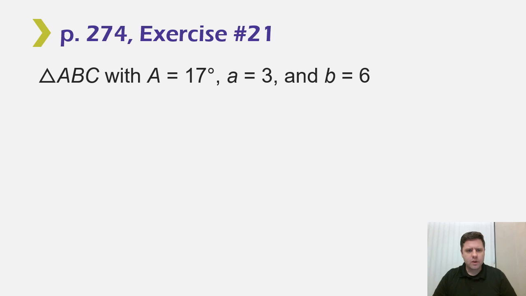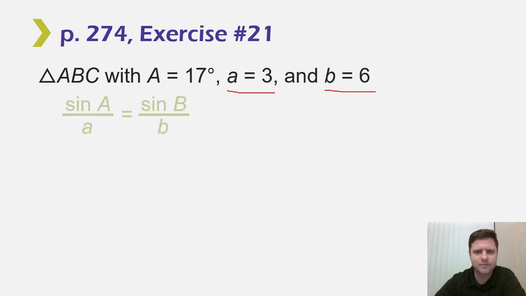Okay, exercise 21 in your book is another good example that we could do quickly. Go to exercise 21 on page 274. There you'll see it says, find both solutions for each side-side angle case, round answers to the nearest tenth. So here we have an angle of 17, a side A of 3, and B being 6.